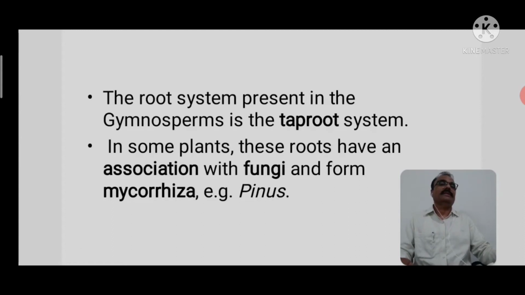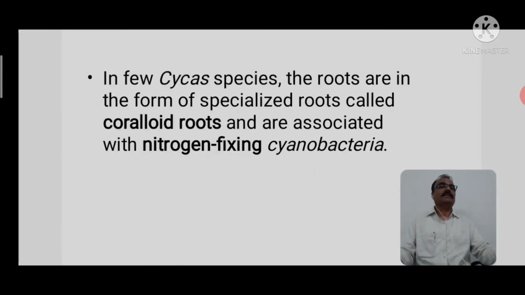The root system present in gymnosperms is a taproot system. In some plants, these roots have association with fungi and form mycorrhiza, for example Pinus. Mycorrhiza is a symbiotic relationship between the roots of plants such as Pinus and a few Cycas species.